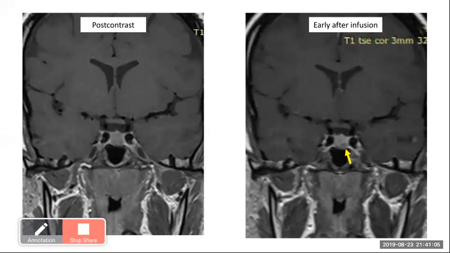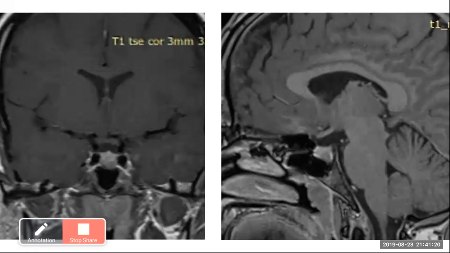We see here, if this is the post contrast image, it looks to be normal. But if we see this image early after infusion, we can see the microadenoma on the left side. And also there it is, the adenoma we are looking for.